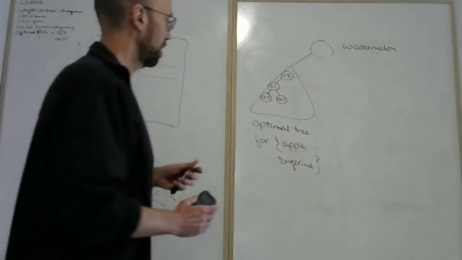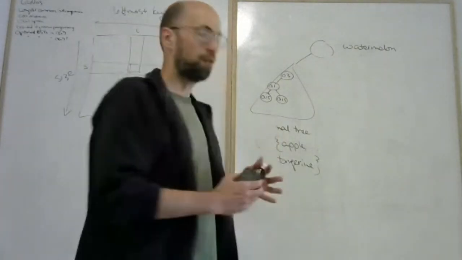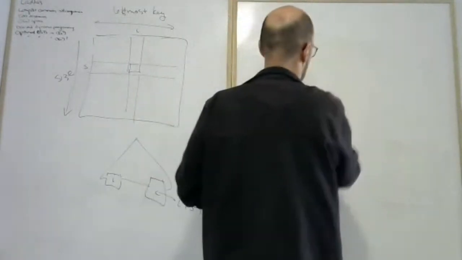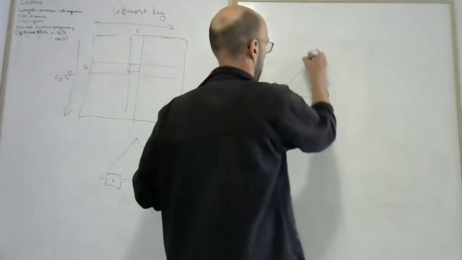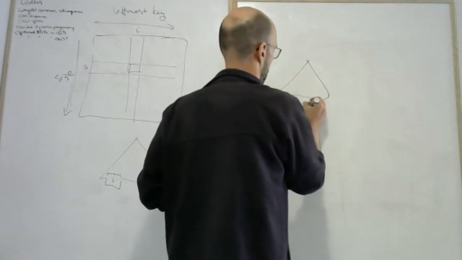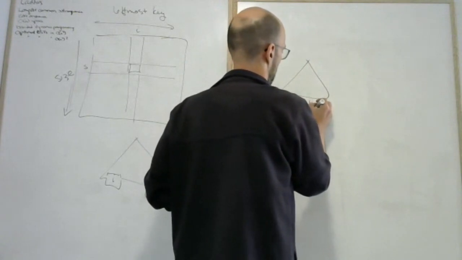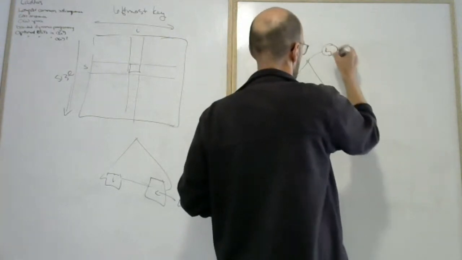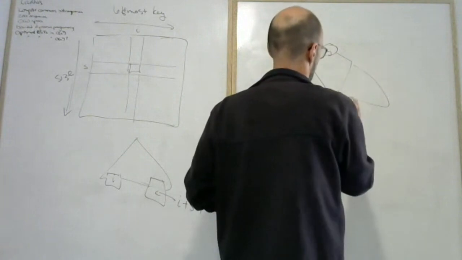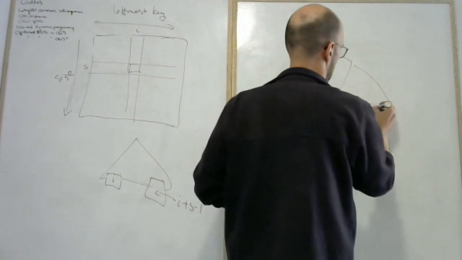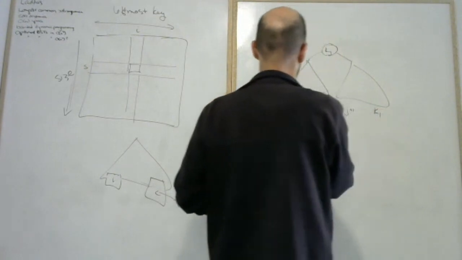So he observed that if you have an optimal binary search tree for keys k_i to k_{j-1}, and this is k_j, and this is k_{j+1} to... oh yeah, what is this going to be?